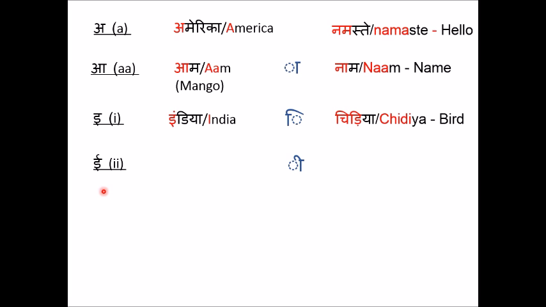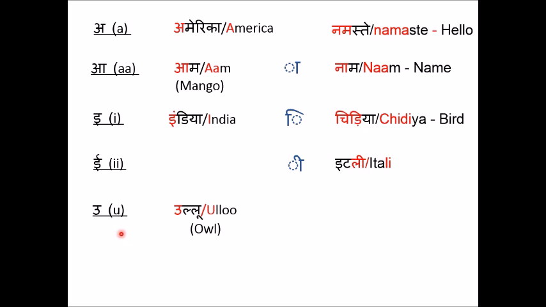The way we add ee to the consonant is by adding this symbol on the right side of the consonant, which is just opposite to what we saw previously for i. For example, Italy. In the letter la at the end, we have added ee by adding this symbol on the right side of the letter la, which then becomes lee.